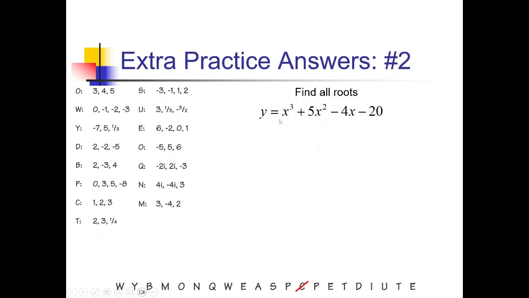Again, we have a lead coefficient of just 1, so I'm going to get my factors of my constant and just divide all those by 1, so I don't really have to worry about that. So I'm looking at factors of 20. We've got 1, of course, and then 2 goes into 20, and 4, and then 5, and then it's 2 times 10 is the next one, and of course 1 times 20 was the other one. So now let me start plugging those in my calculator.